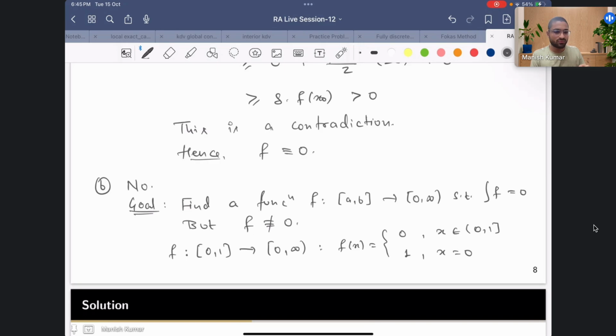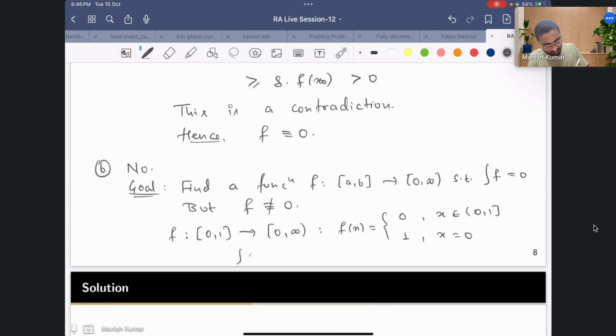Obviously if it is continuous, then the result is true, so we are looking for a discontinuous function if we want a counter example. You can clearly see that the integral of f is 0, but f is not identically 0, because f at 0 is equal to 1, which is a non-zero value. So this is how you can look for this example.